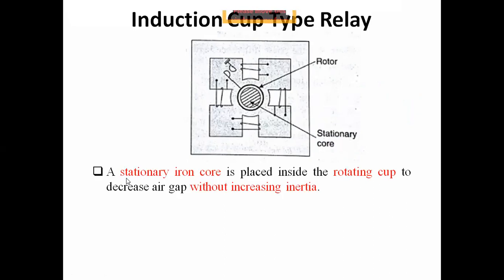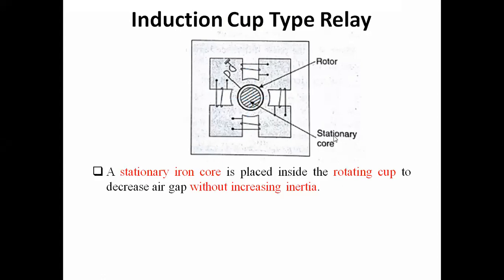As already mentioned, the stationary iron core is placed inside the rotating cup to decrease the air gap without increasing inertia. The flux lines will pass like this and cut the induction cup as well as the stationary core, but only the induction cup can move here. The stationary core is static. Only the induction cup will rotate.